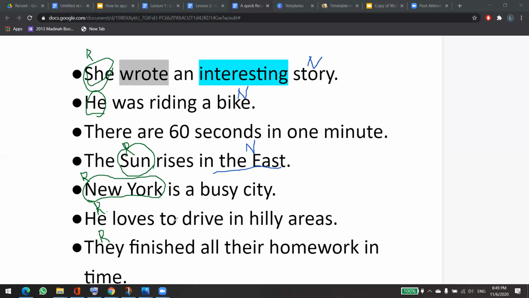So loves is an action, and where does he love to drive? In hilly areas, right? So that's a nasab. In hilly areas. Again, their homework is a detail or the object.